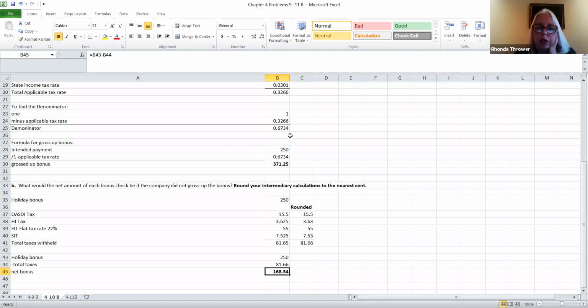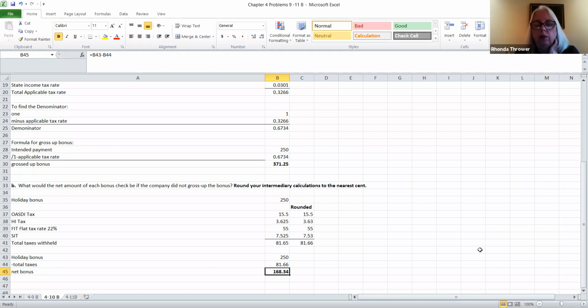Then we divide this amount into 250, and that will give us $371.25. That's the gross amount of the bonus, and once you take out your taxes on it, it will end up being $250.